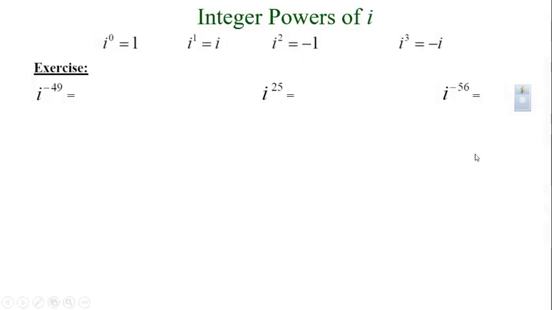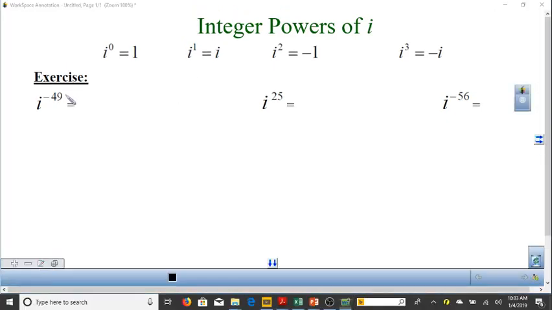Let's do some examples here. The first example we have is i to the -49. Step number 1, we are going to divide the exponent by 4. The remainder will be -1 because 49 divided by 4 is 12.25, or 12 with a remainder of 1.